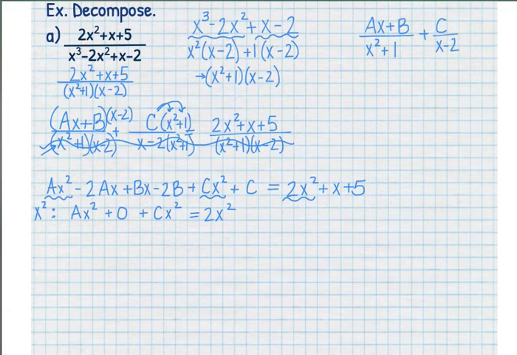Now we're going to make an equation out of our plain old x's. We have a negative 2Ax. We also have a Bx. We don't have a Cx, so we're going to put a 0 there. That will be equal to 1x on the other side.